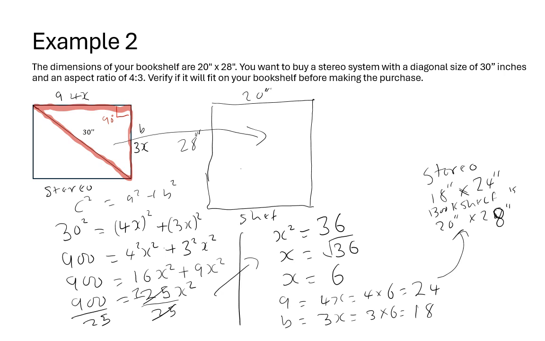So you can see the stereo can fit, because the two dimensions of the bookshelf are larger than those of the stereo. So the stereo can fit into the bookshelf.